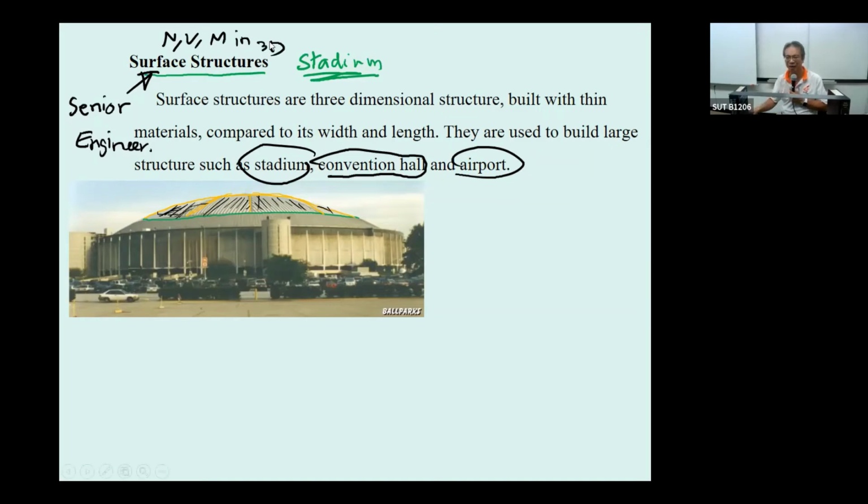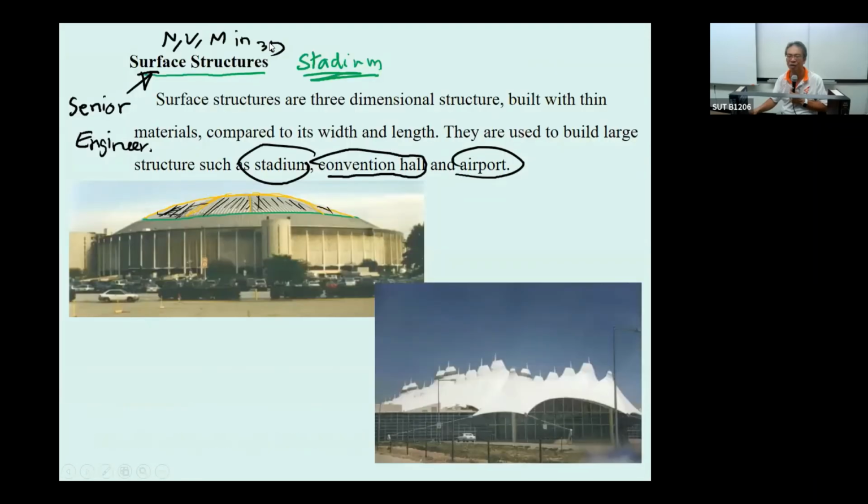And the last one, we have this kind of structure like a tent. Okay, this white thing is the membrane. When we use the word membrane, this kind of 3D surface structure is a special one.